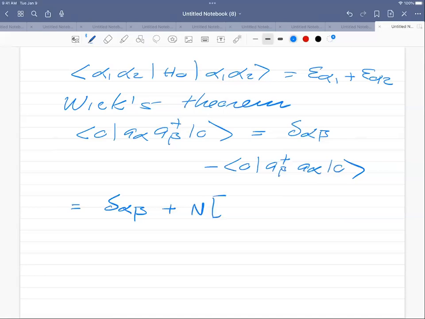N stands for normal ordering, and it means that we can take a chain of operators like here and order it so that we have all the creation operators to the left and the annihilation operators to the right. And this normal ordered product is automatically 0. So when you see a normal ordered product of operators, that's always going to give us 0.